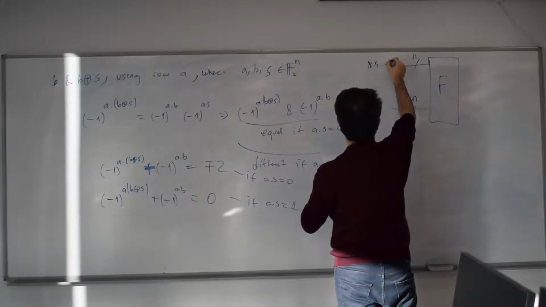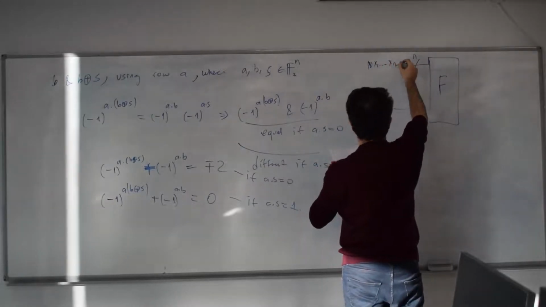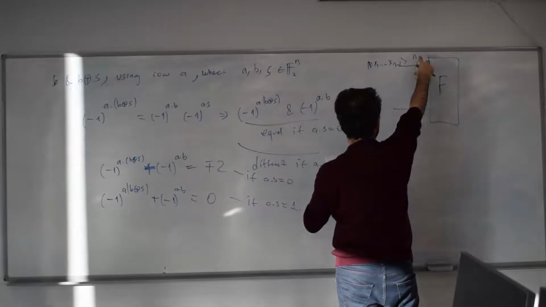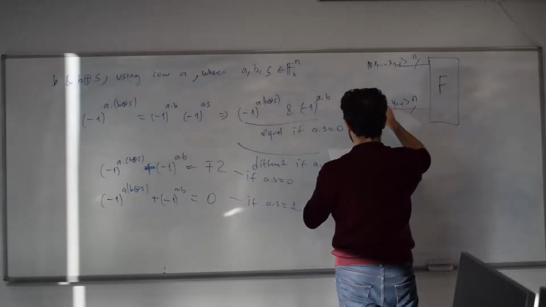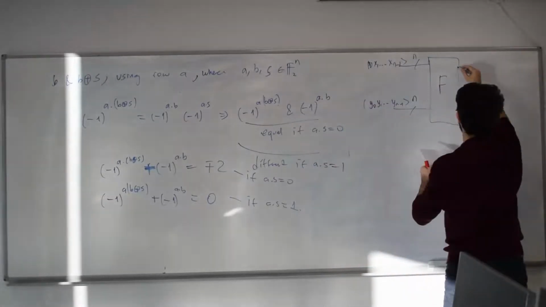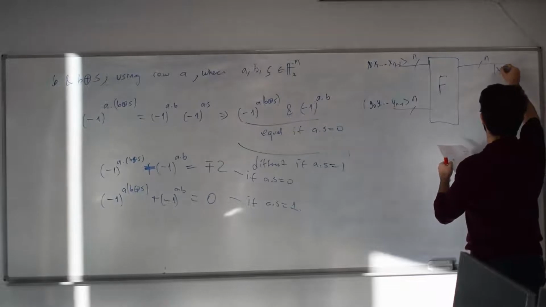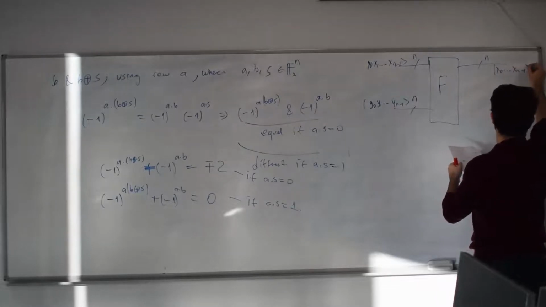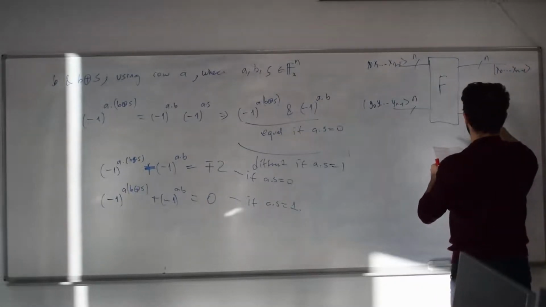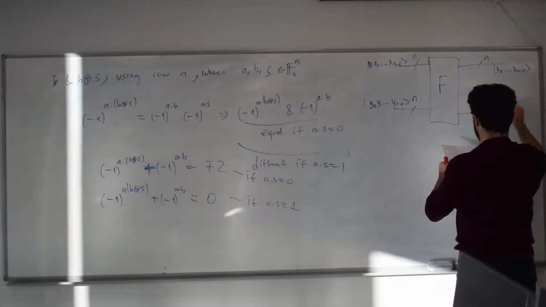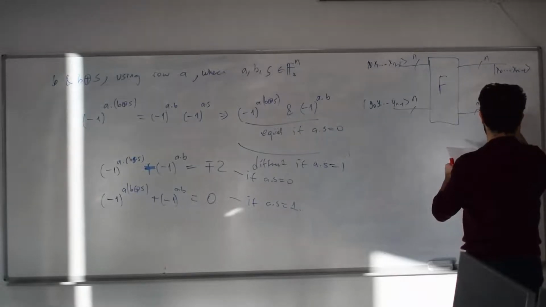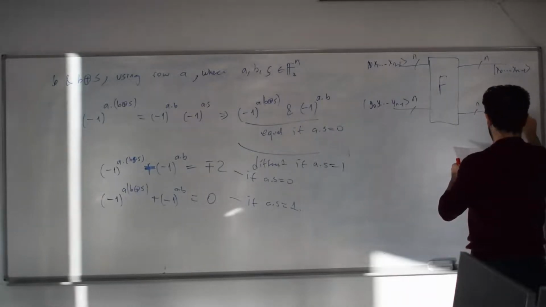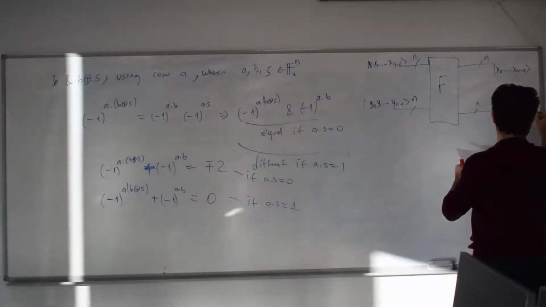It accepts n inputs from the top, x0 to xn minus 1, so there are n qubits, and then there are n qubits at the bottom, y0 to yn minus 1. The output is y XOR f(x0 to xn minus 1).